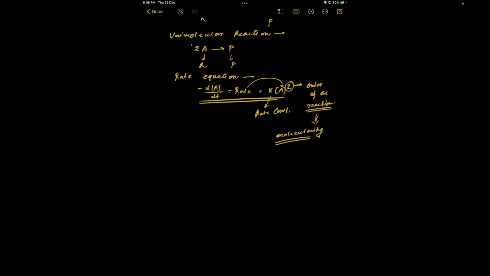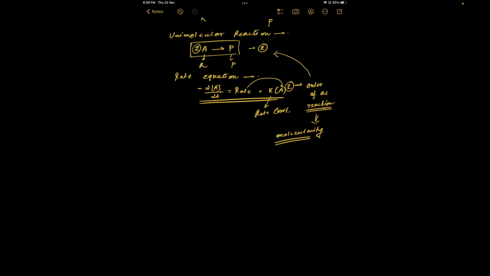Here in the balanced equation, 2 A molecules are participating, right? So the molecularity for this reaction is 2. Since this is a unimolecular reaction, one type of molecule is participating, that's why the order of the reaction is also equal to the molecularity.